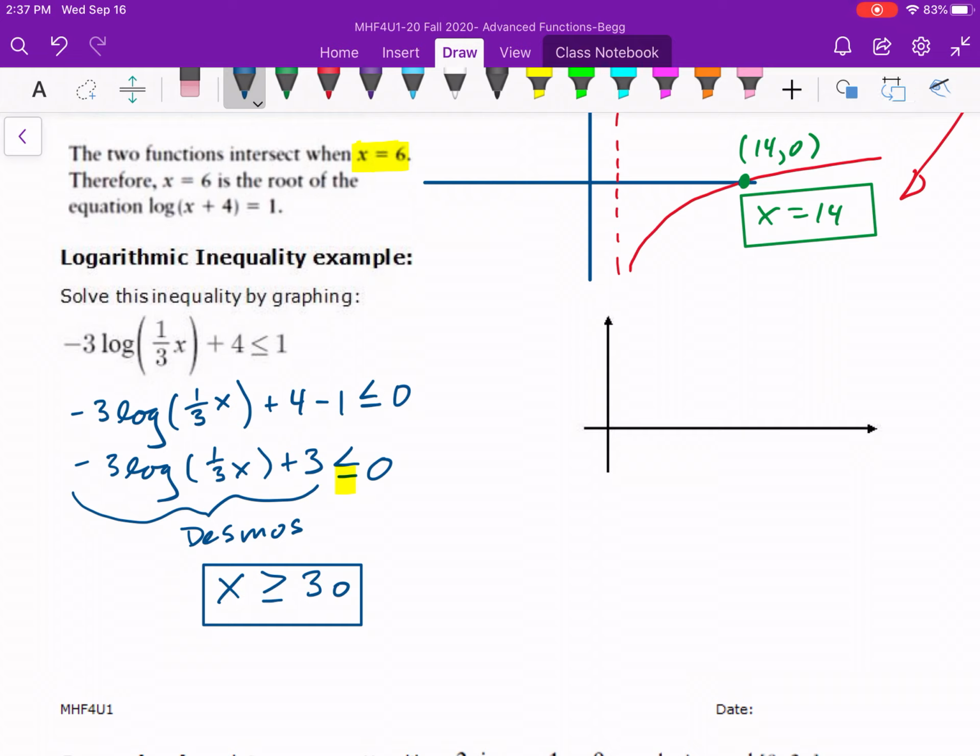Here's the sketch. Here's the x-intercept. We want this chunk of the graph right here.